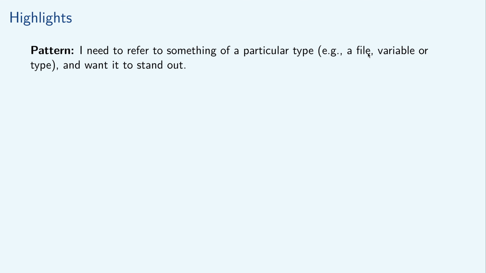That could be a file name, it could be a variable, it could be a type, and I want to make that stand out, again, so that it's clear that it's something that stands out compared to the rest of the text. These are things that I would often want to have shown in a monospace font, so constant width font, and some sort of highlighting.